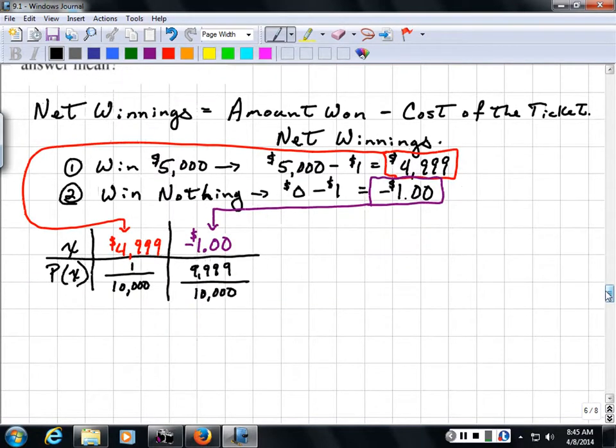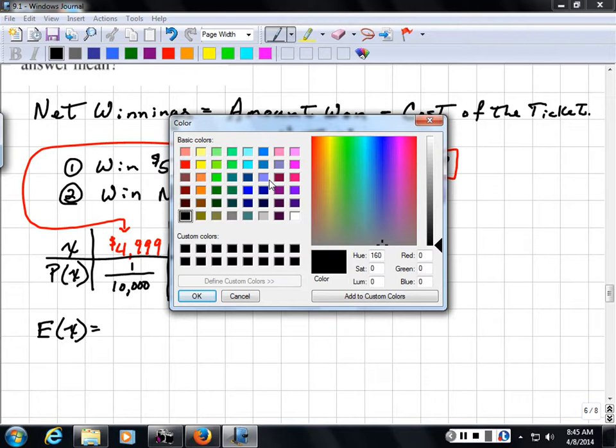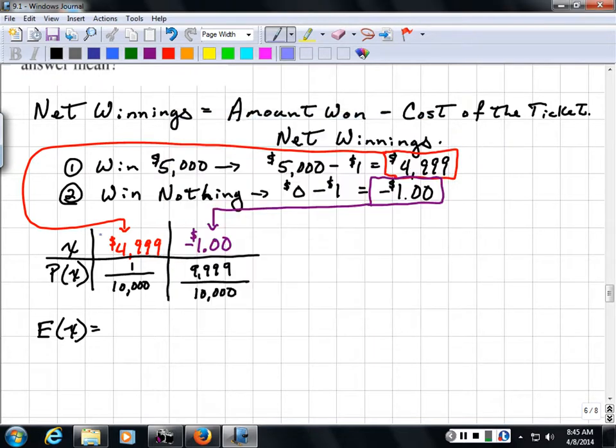Now, what's the expected value? The expected value: I take this pair of numbers and I multiply them together. I'm still going to use the color though, because I think it helps most of us.